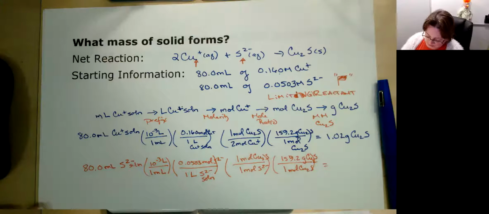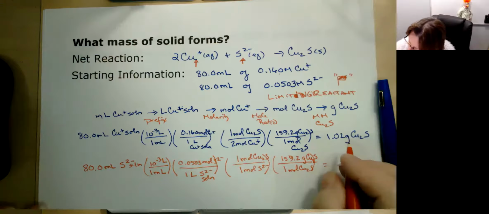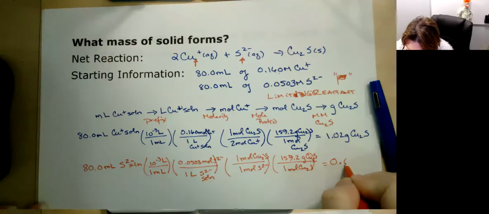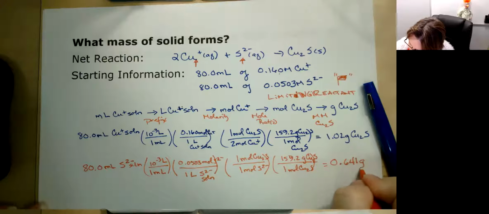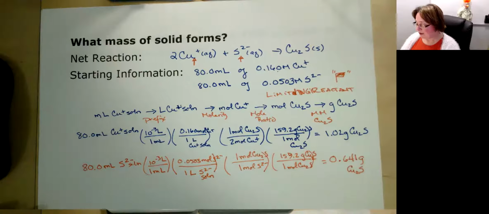So let's see what this gives us. Times molarity times the mole ratio times the molar mass. And this gives me 0.641 grams of copper 1 sulfide.